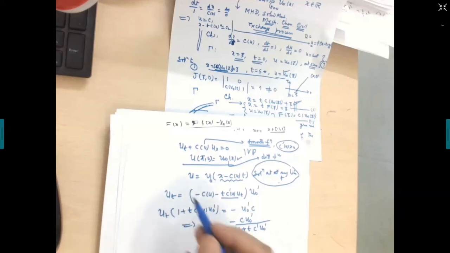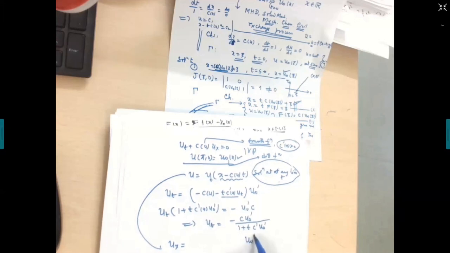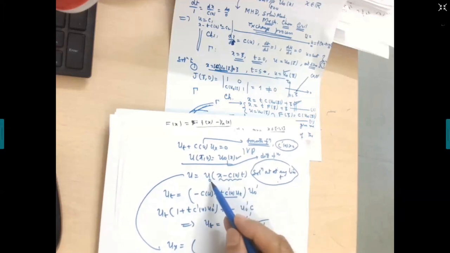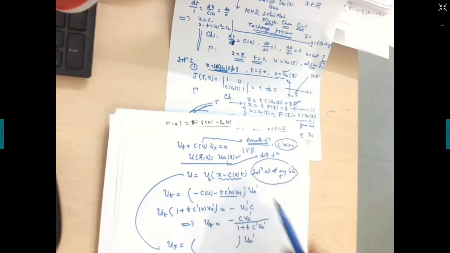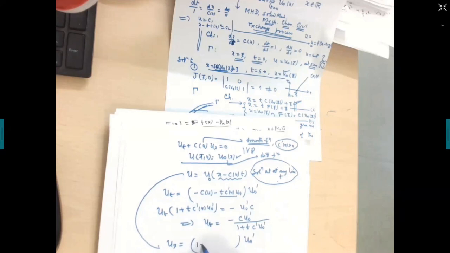Now similarly I can find ux, the partial derivative with respect to x. We are using the chain rule. The ordinary derivative of u naught with respect to this argument, let me call it u naught prime, and the derivative of the argument with respect to x, that is 1 minus C dash into ux into t.